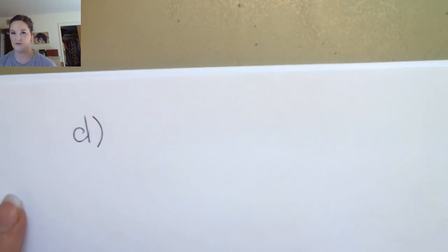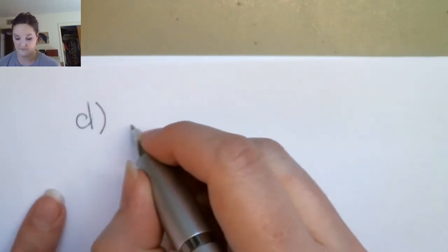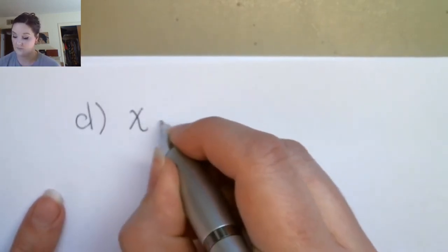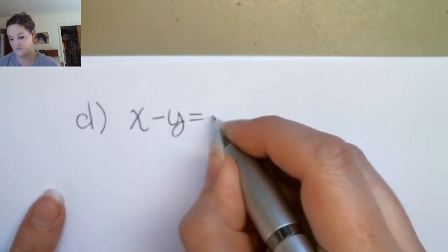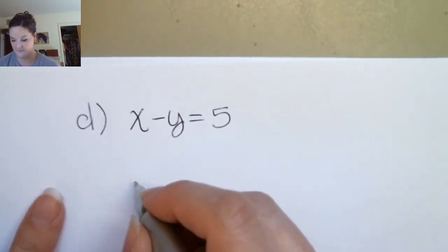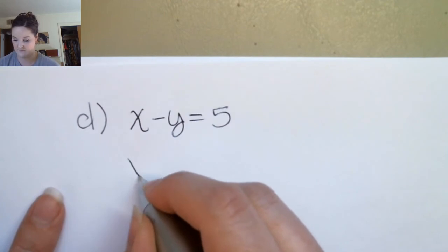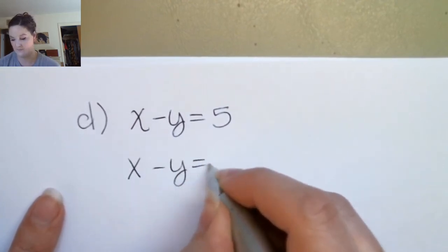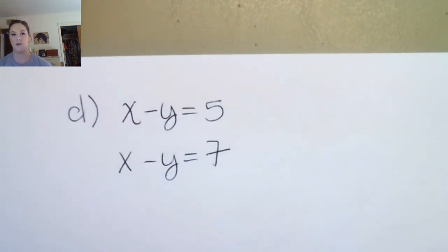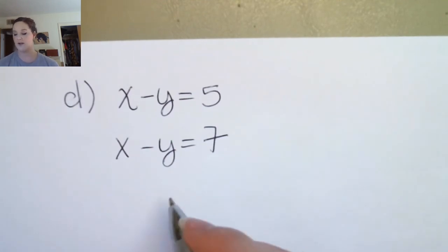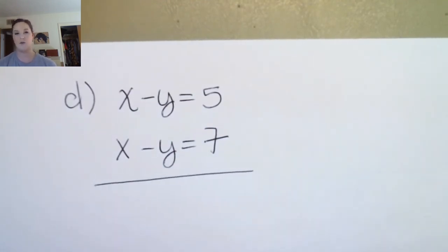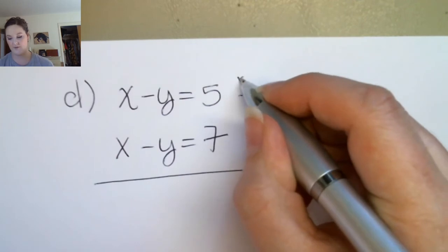Couple more examples of this. Okay, so these are actually already set up to eliminate, so you, oh, not quite. We're going to multiply one of them by -1.